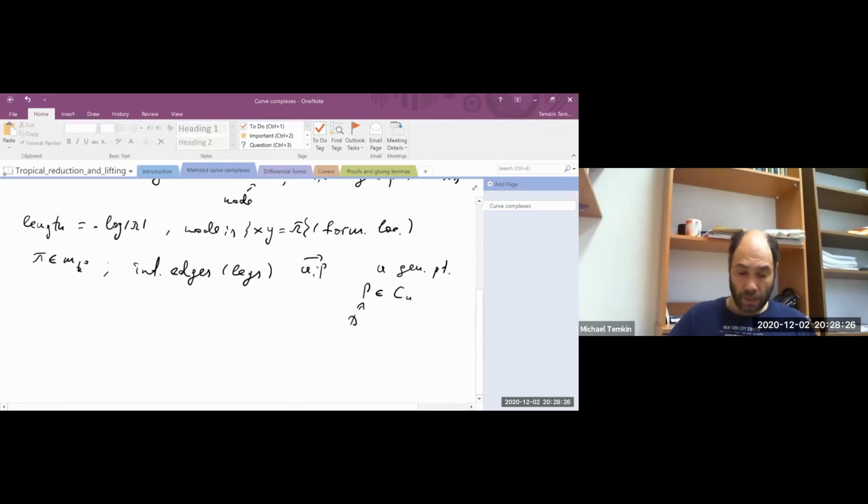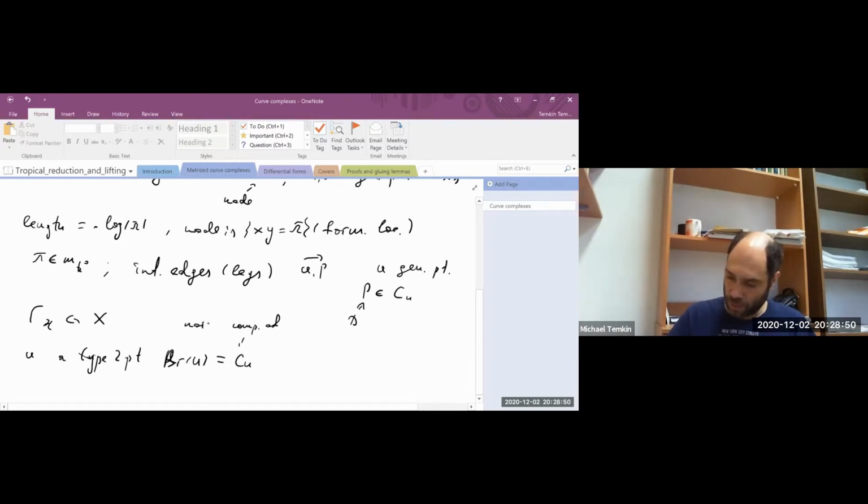Good. Now, this Γ_𝔛 is embedded into X. And any U is a type 2 point whose directions are precisely parameterized by the normalized component of the closed fiber corresponding to this point.